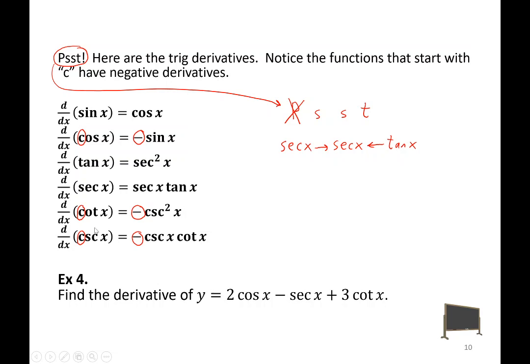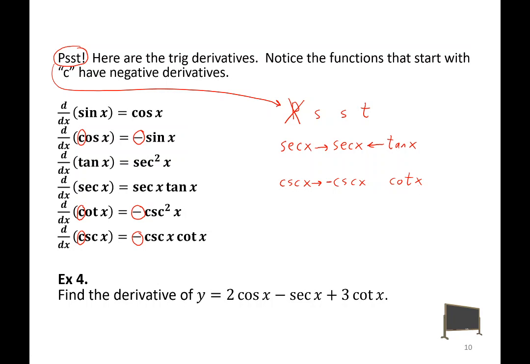Now for cotangent x and cosecant x, it's basically the same idea. Instead of secant, we're going to write cosecant. Instead of tangent, we'll write cotangent. And then we'll put a little negative in the middle because the derivatives of the c functions have that negative. So that just makes sure to get the signs working properly. So then if you want the derivative of cosecant, it's going to be negative cosecant x, cotangent x.